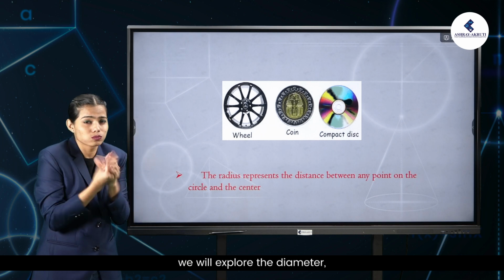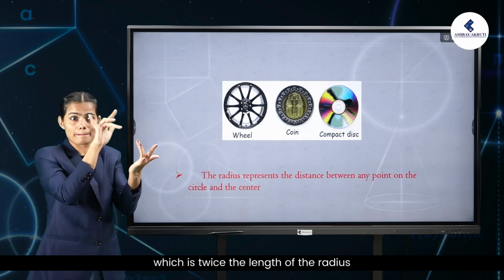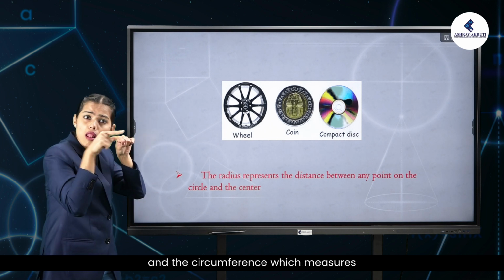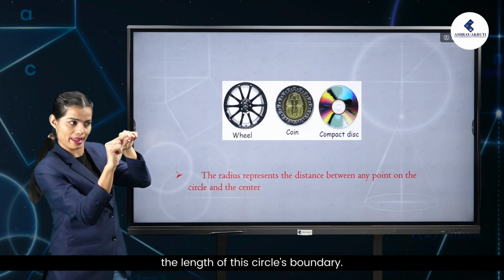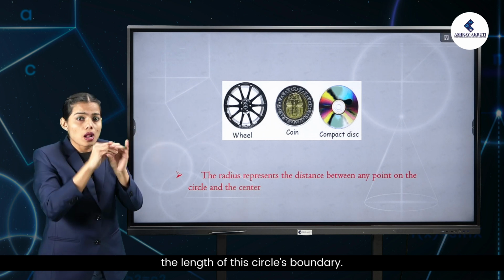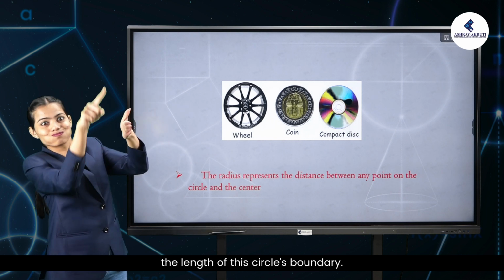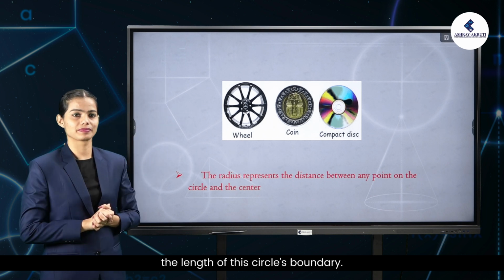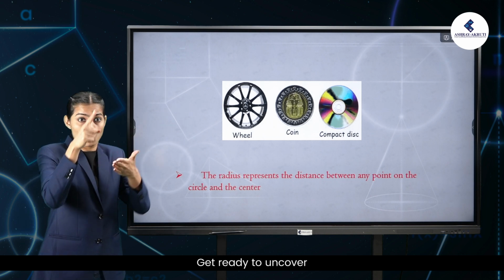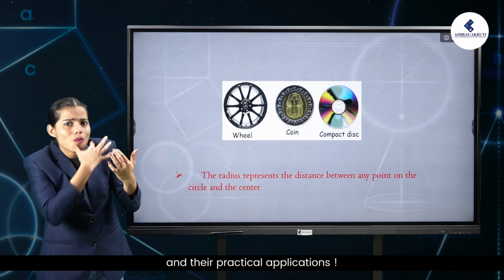Additionally, we will explore the diameter, which is twice the length of the radius, and the circumference, which measures the length of the circle's boundary. Get ready to uncover the wonders of circles and their practical applications.